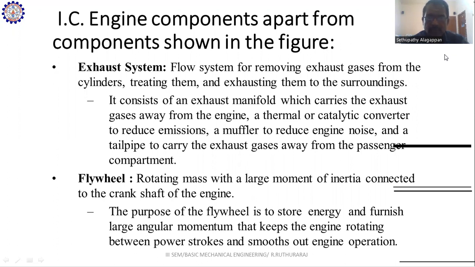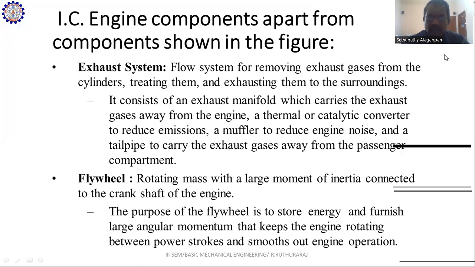It consists of an exhaust manifold, which carries the exhaust gases away from the engine, a thermal or catalytic converter to reduce emissions, a muffler to reduce engine noise, and a tailpipe to carry the exhaust gas away from the passenger compartments.